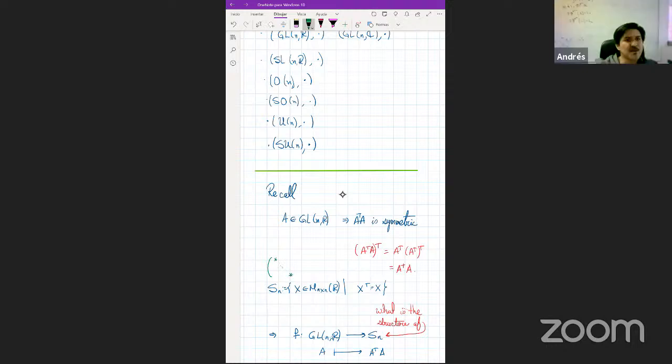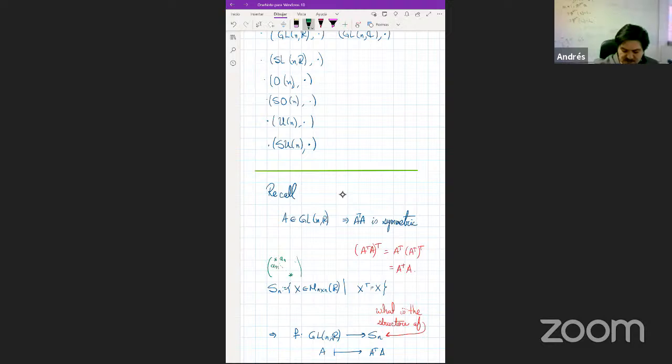And what about the other entries? The ones on the top must mirror the ones on the bottom. So once I put that one, this one has to be the same, right? And so on. So that's the general way that you can describe a symmetric matrix.